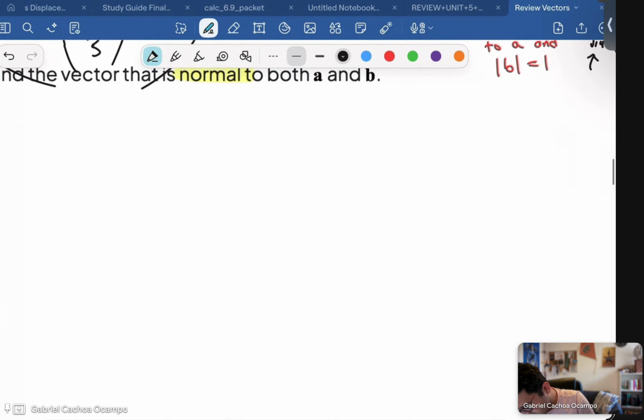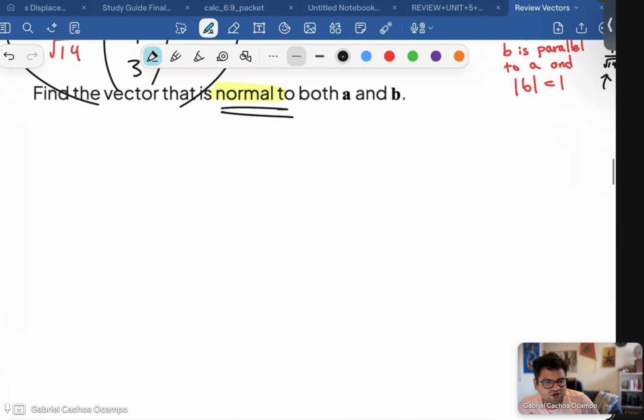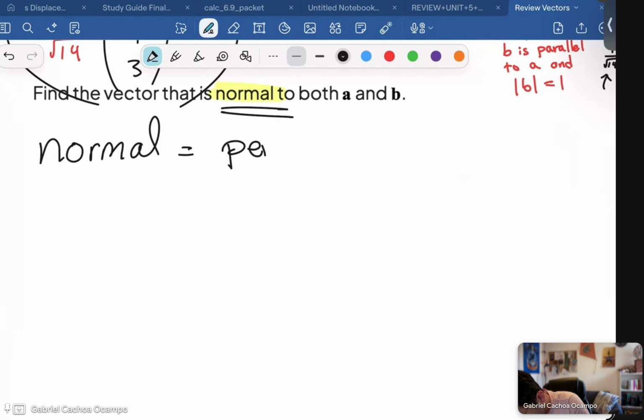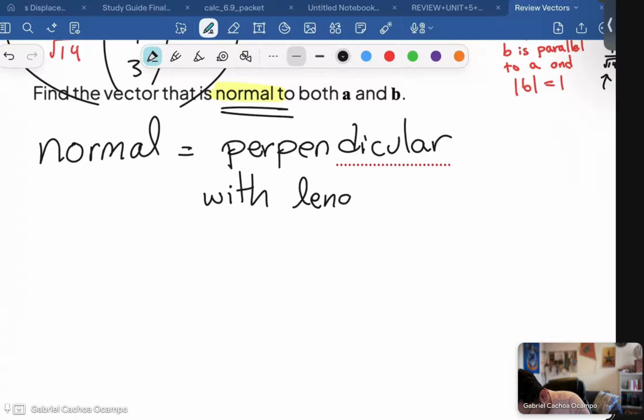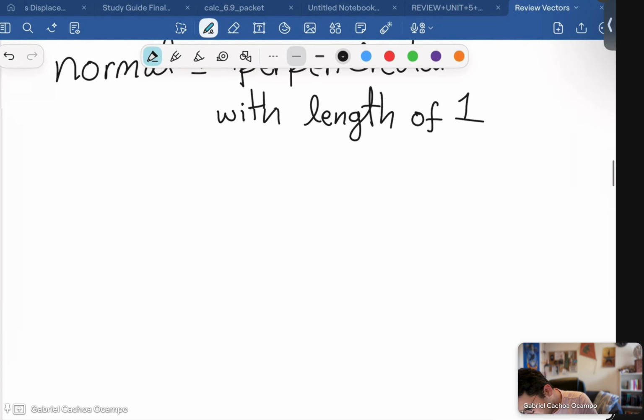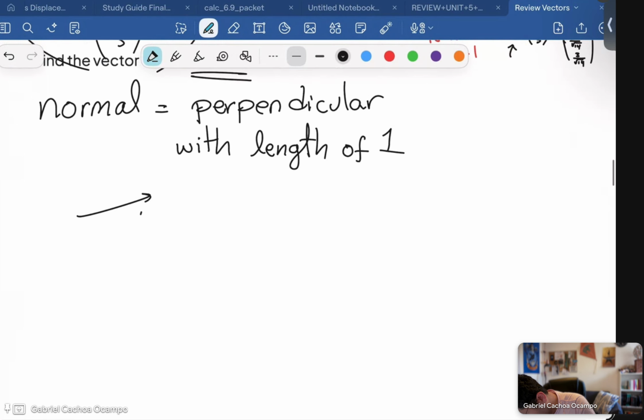Now, this is a crazy word: the word normal. The word normal means perpendicular with a length of 1, with a magnitude of 1. If I give you two vectors, vector A and vector B, how do I find a vector that is perpendicular to both?